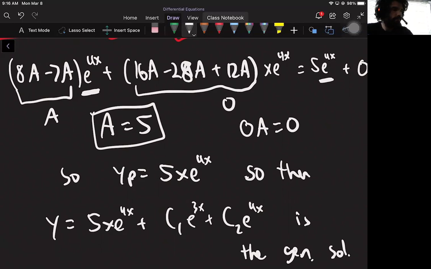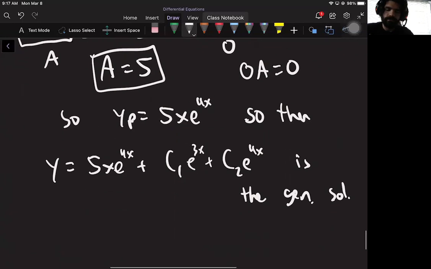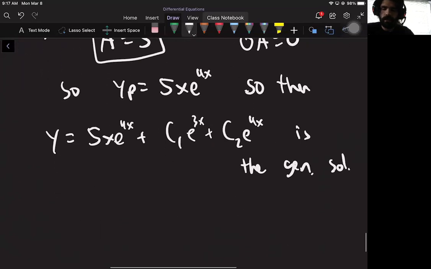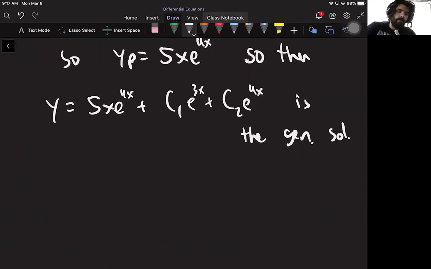So this technique can also be expanded into other types of functions on the right. I said at the beginning that the functions have to be nice. Exponentials are nice because when you take derivatives of exponentials, you get more exponentials.